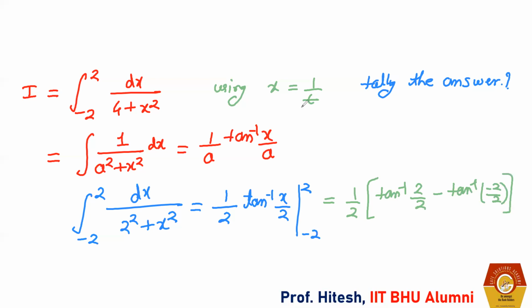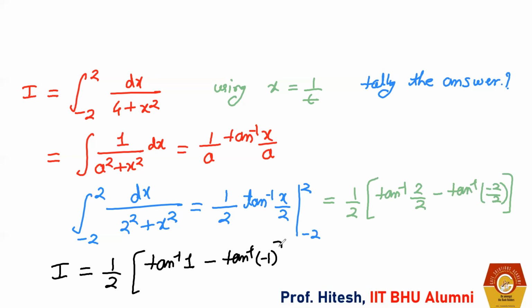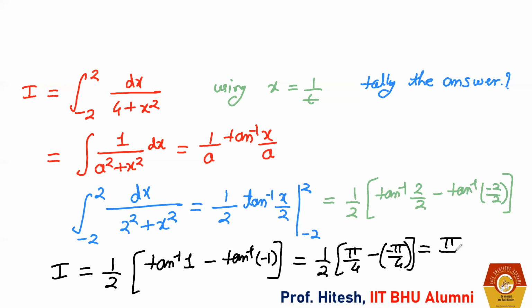So I is equal to 1 upon 2 into tan inverse 1 minus tan inverse of minus 1. Tan inverse 1 is pi by 4, and minus of minus pi by 4, so the answer will be pi upon 4.